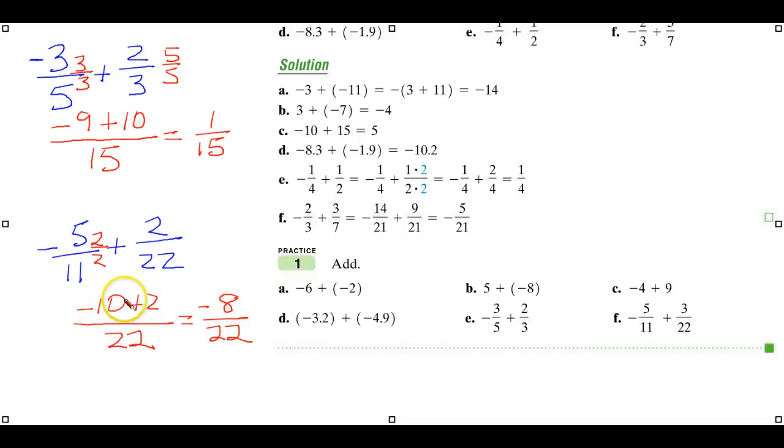Now, again, we're subtracting the smaller from the larger absolute value, and then using the sign of the larger absolute value. Now, if you put this in the MATLAB, they count it wrong, because you can simplify this a little bit. A 2 can go into there 4 times, and a 2 goes into there 11 times. So we're simplifying that a little bit. So our final answer then is 4/11.